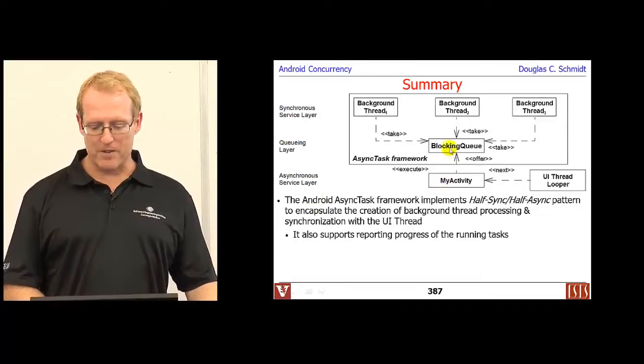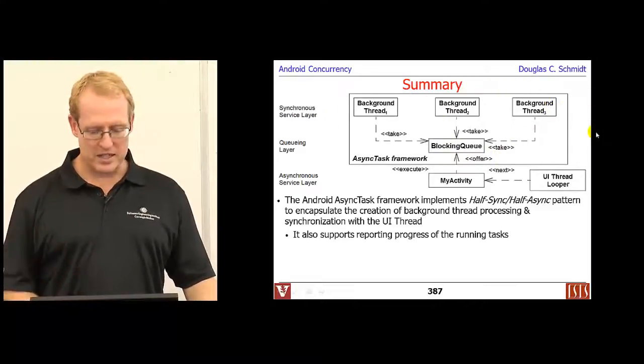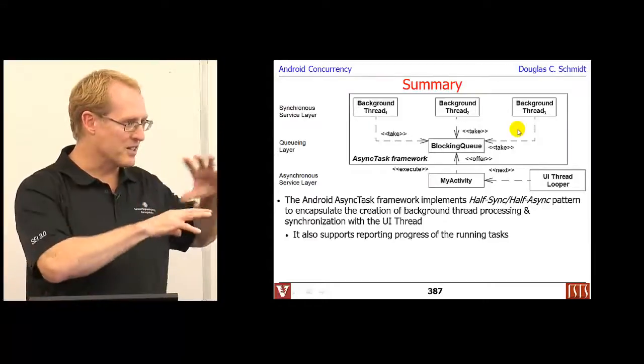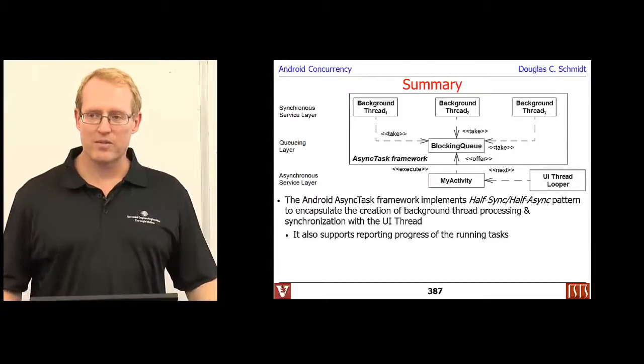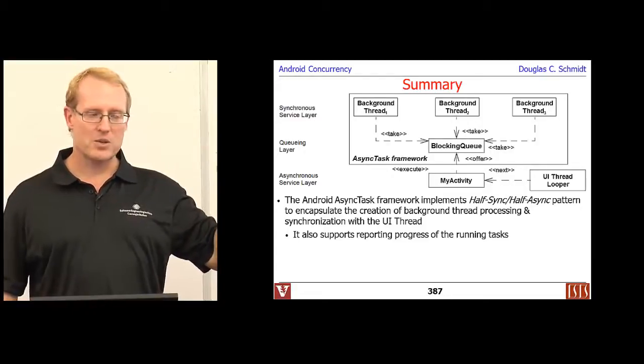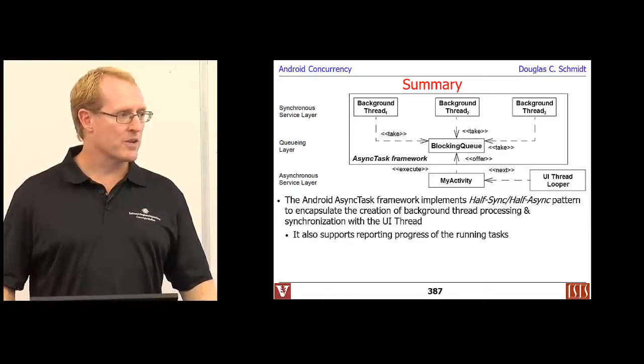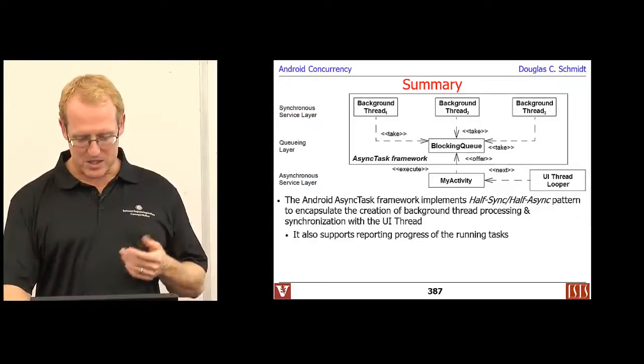Then we're offering stuff into the blocking queue, which is part of the AsyncTask framework. Then these background threads are pulling stuff off the queue, processing it, and eventually passing data back to the UI thread through that internal handler mechanism that's used to synchronize messages between the background threads and the foreground threads.